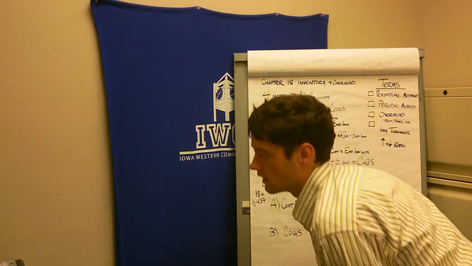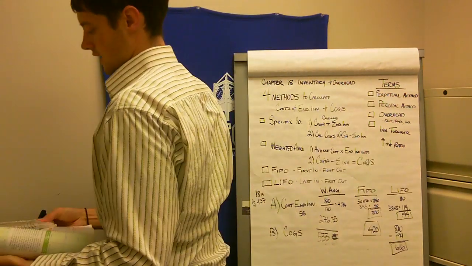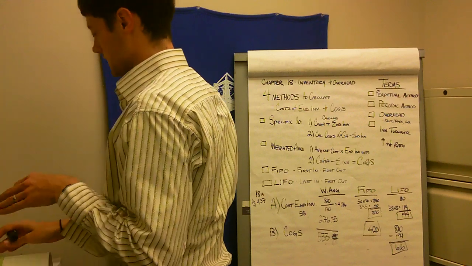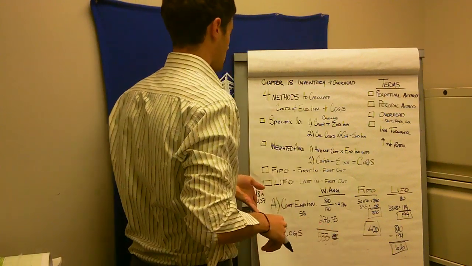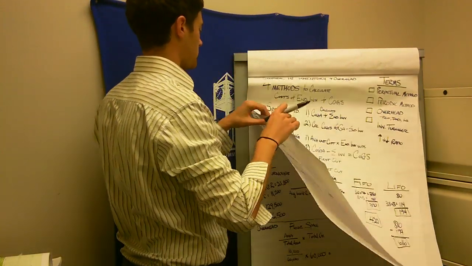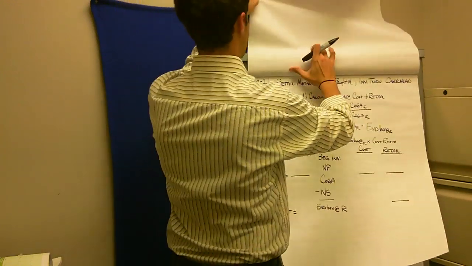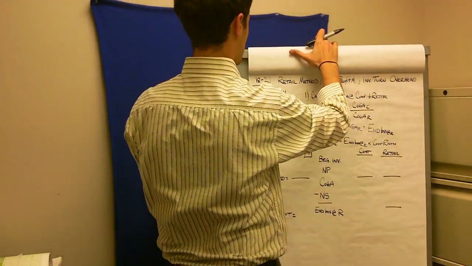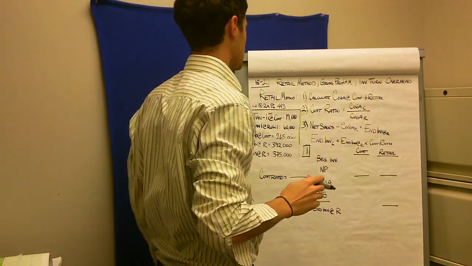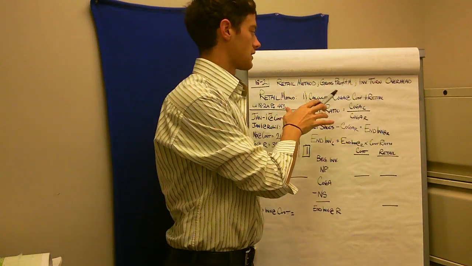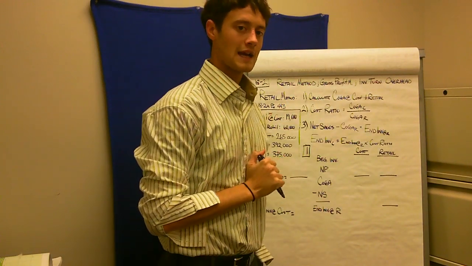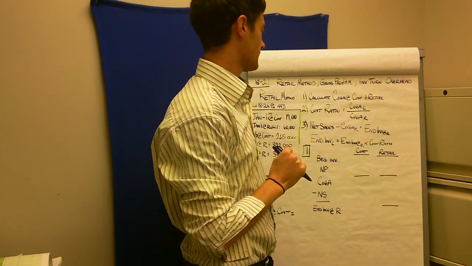So the second part of the learning unit, 18.2, was on the retail method, as well as gross profit method, inventory turnover, and overhead. So for the retail method, you calculate the cost of goods available at cost as well as at retail.